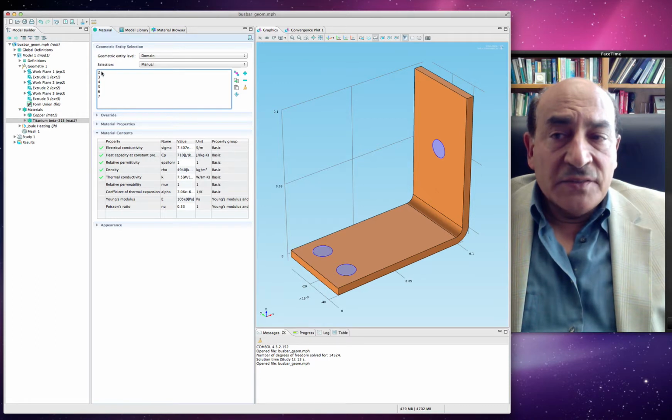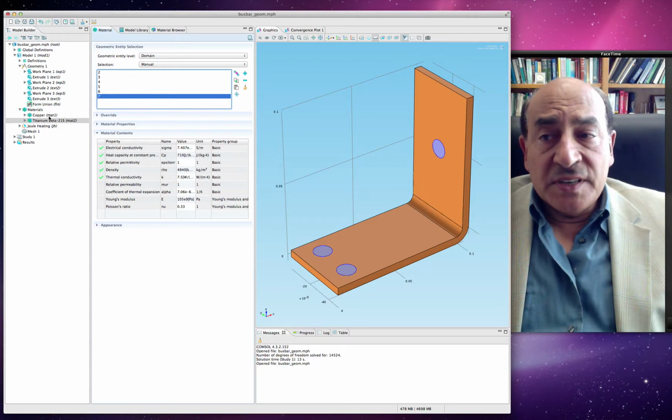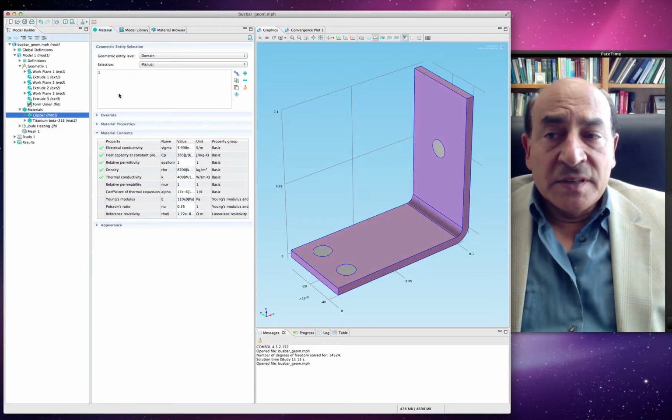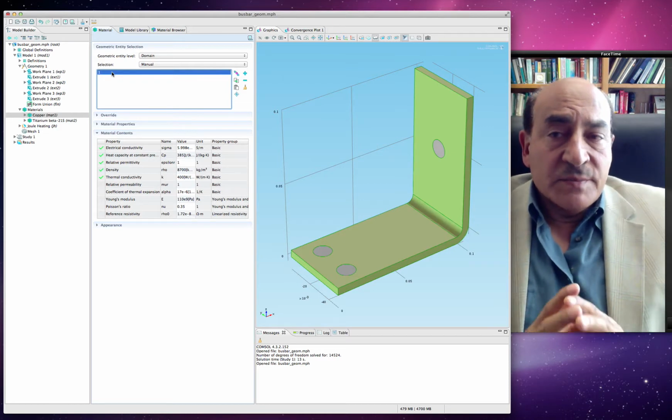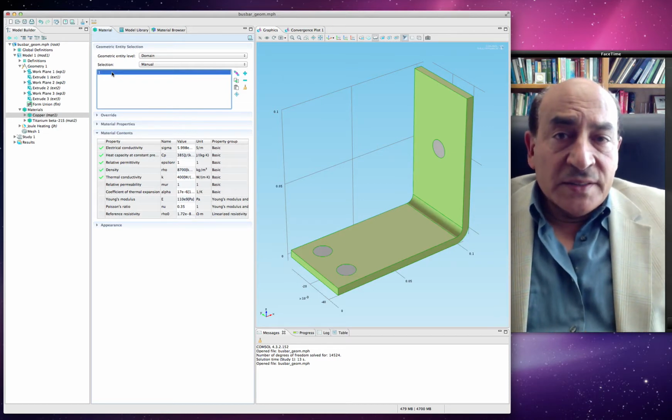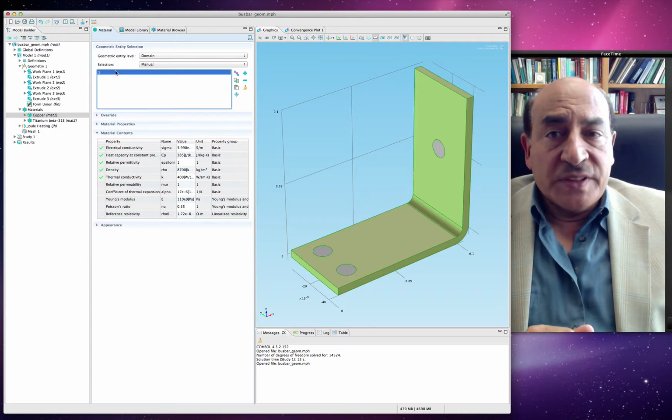So now I define domains 2, 3, 4, 5, 6, 7 as domains that have the titanium material, and the copper, if I go back, is only domain 1. So my material is well defined, and I have no issue with that.